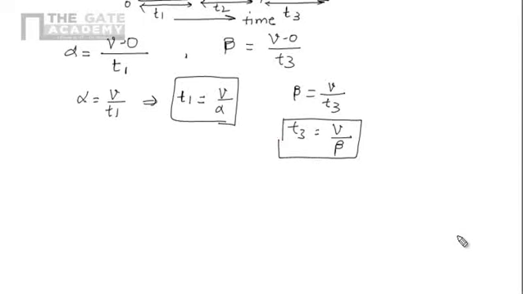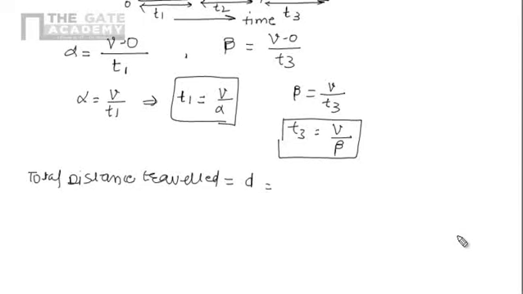Similarly, we know the area under the velocity time graph represents the distance. So the total distance traveled, that is d, is nothing but the area under the velocity time graph.